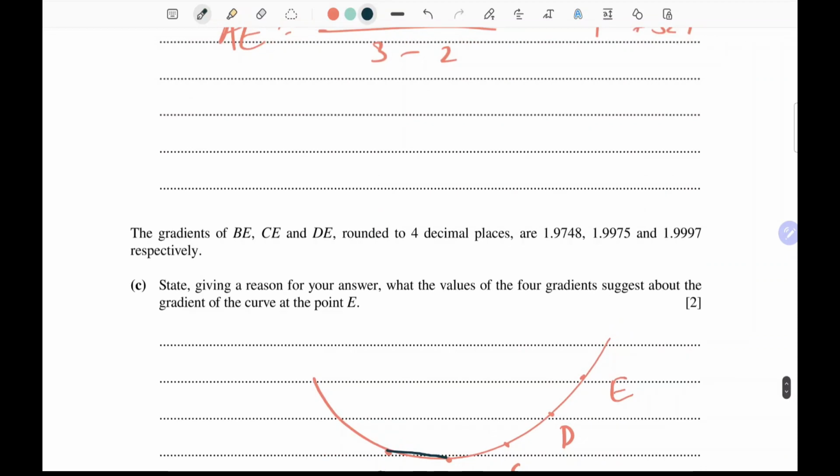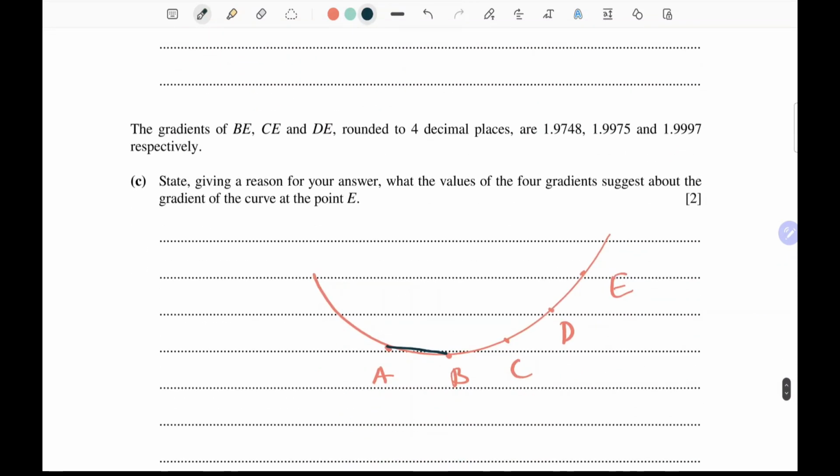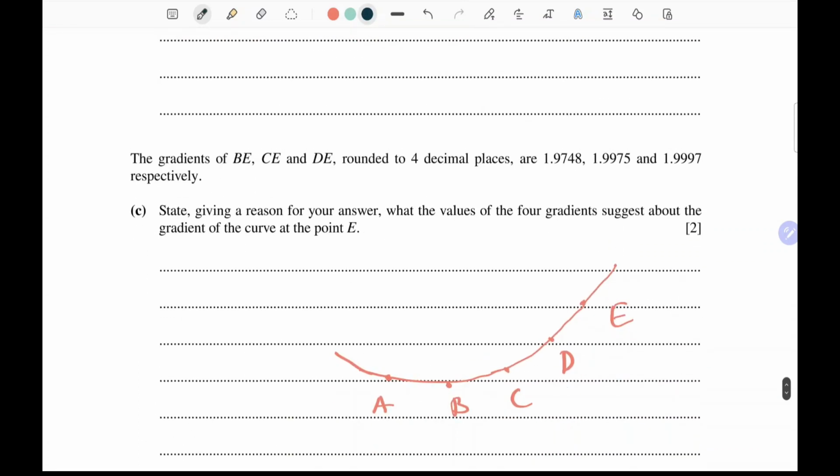This is just a curve I considered. And we have to join AE, then BE, then CE, then DE.